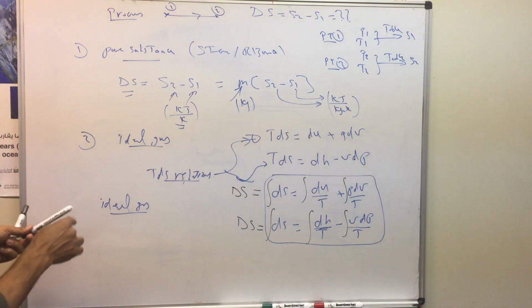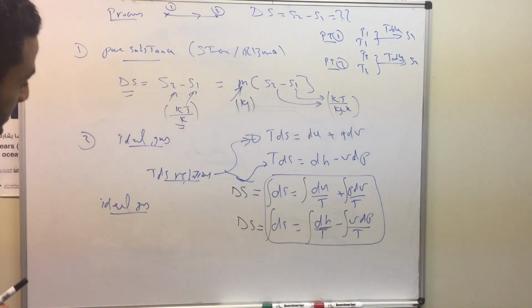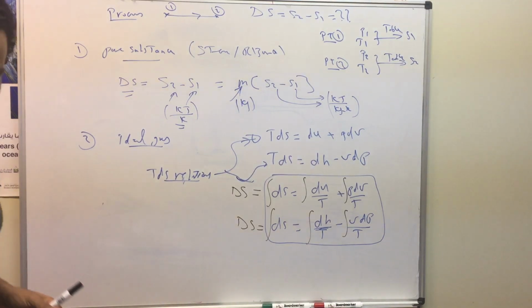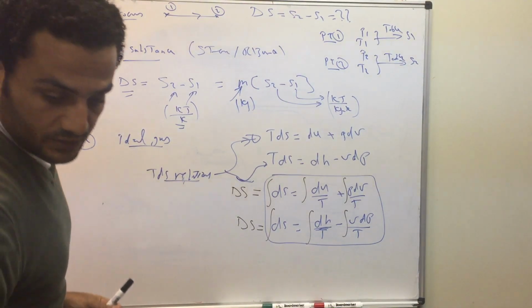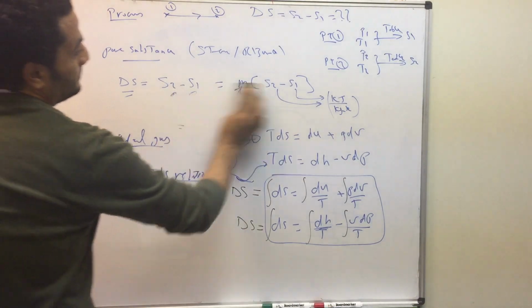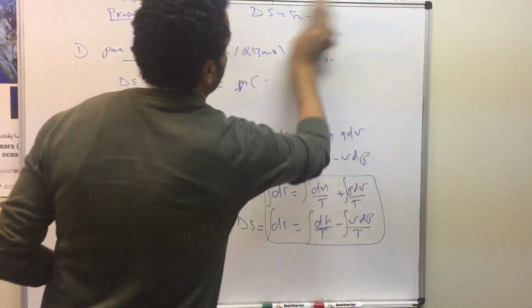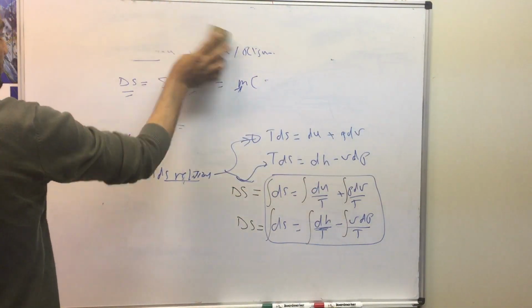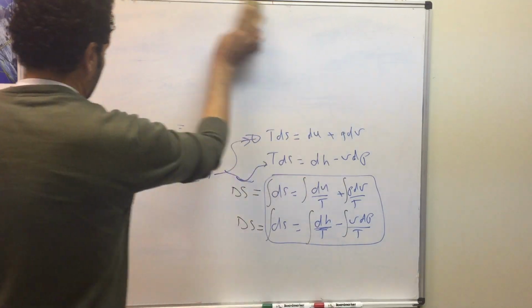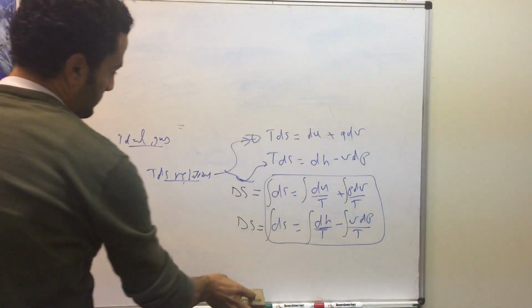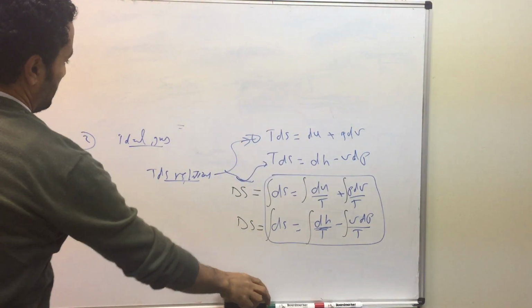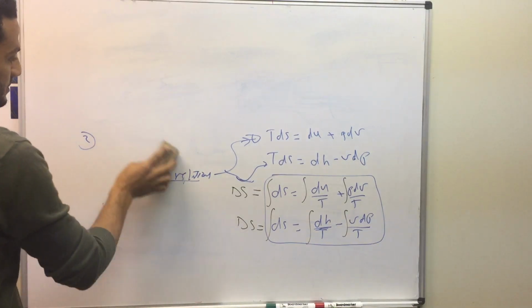Let's start first of all with a case that is a little bit simple, in case we do have an incompressible substance. Let's call it the most ideal gas.